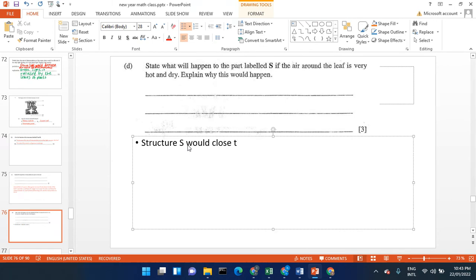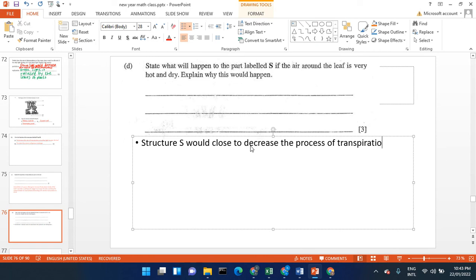We are trying to explain what happens to the part labeled S if the air around the leaf is very hot and dry. So structure S would close, to decrease, sorry, to decrease, not increase, to decrease the process of transpiration.